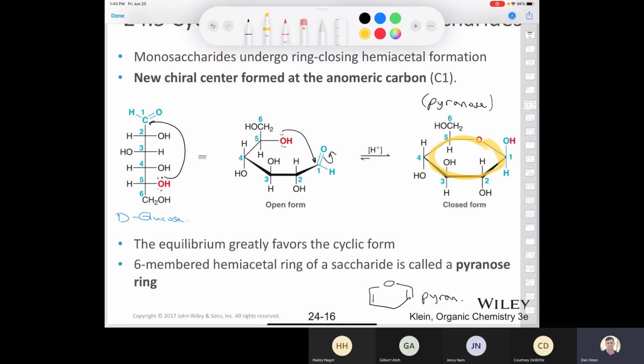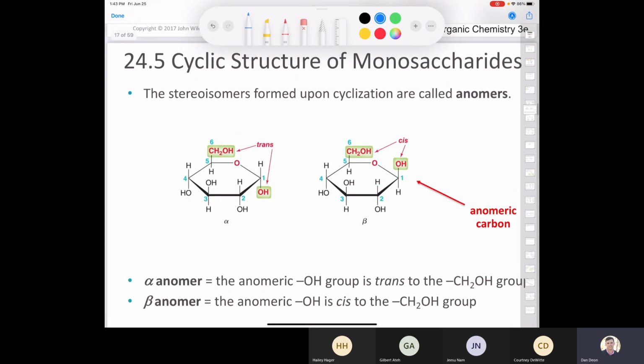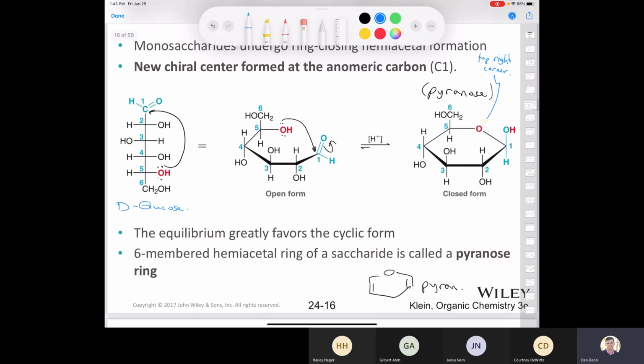Notice that in this Haworth projection, the oxygen is in the top right corner, and that is a convention. Whenever we draw the Haworth projection of a hexose, we always draw it with the oxygen in the top right corner. Okay? Anyhow, there we go. So what happens is when that cyclization occurs, we can end up with 2 different stereoisomers, which are technically diastereomers, and I'm going to explain why.